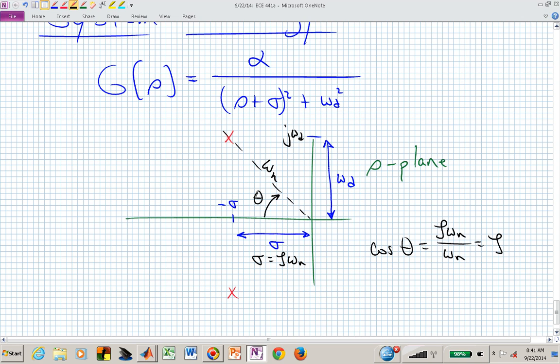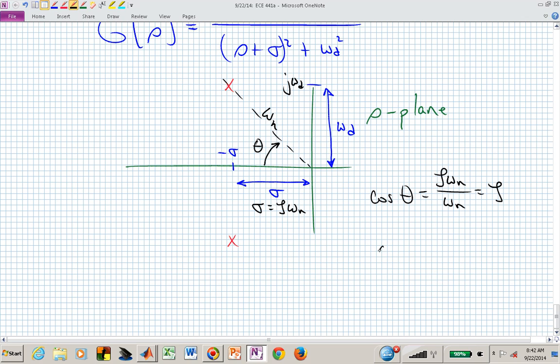Cosine of theta is our damping ratio. So if somebody says, give me the damping ratio zeta, if you know where that pole is, you can now find the angle associated with that pole. And if you needed to find that theta from the damping ratio, you could find that also.